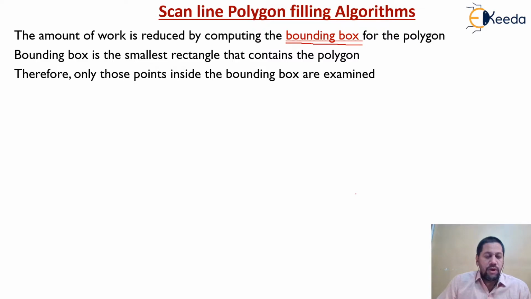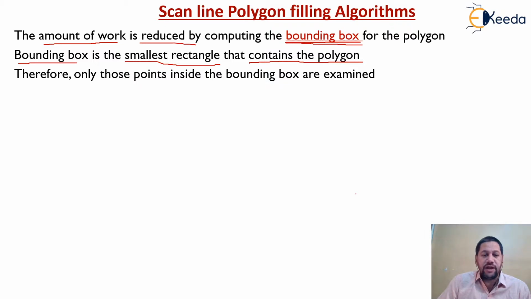The amount of polygon filling work is reduced by computing the bounding box for the polygon. So what is a bounding box? The bounding box is the smallest rectangle that contains the polygon.